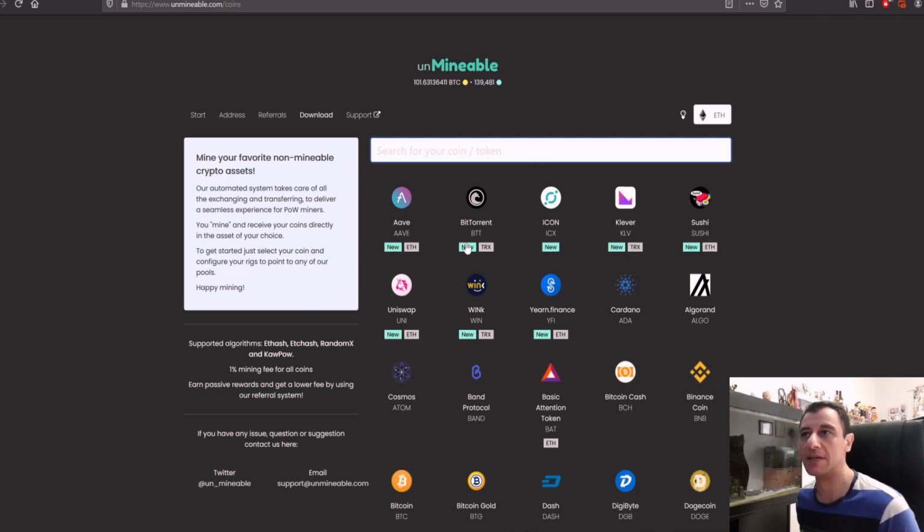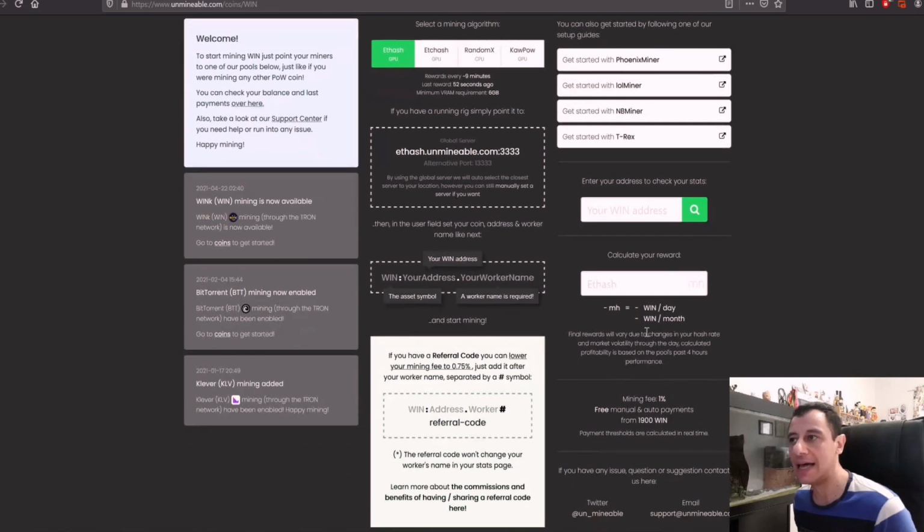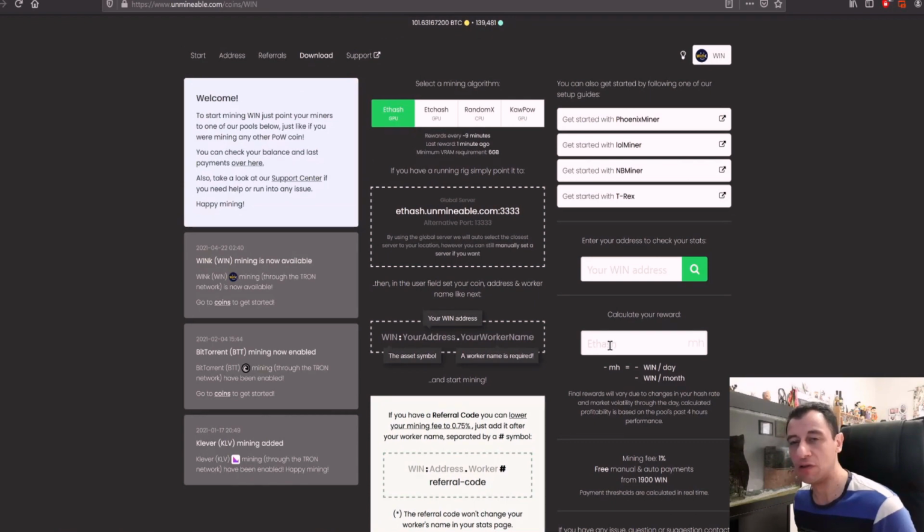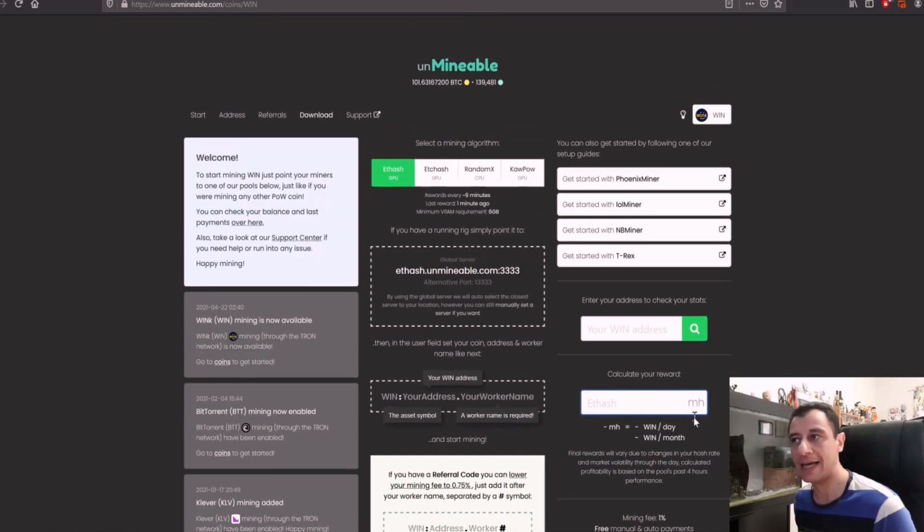Now let's say, for example, I select a coin here, let's say Wink. It's going to say that the mining fee is 1%. So when you put your referral code in, that's going to lower that fee by 0.25%, and that will give you a bit of savings right there. Here, if I'm going to calculate how much Wink I would make per day, you need to know what your mega hash is.